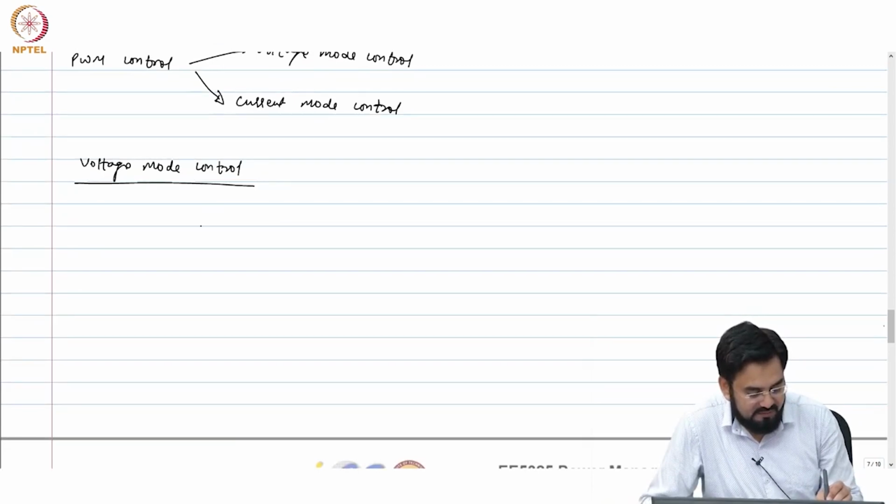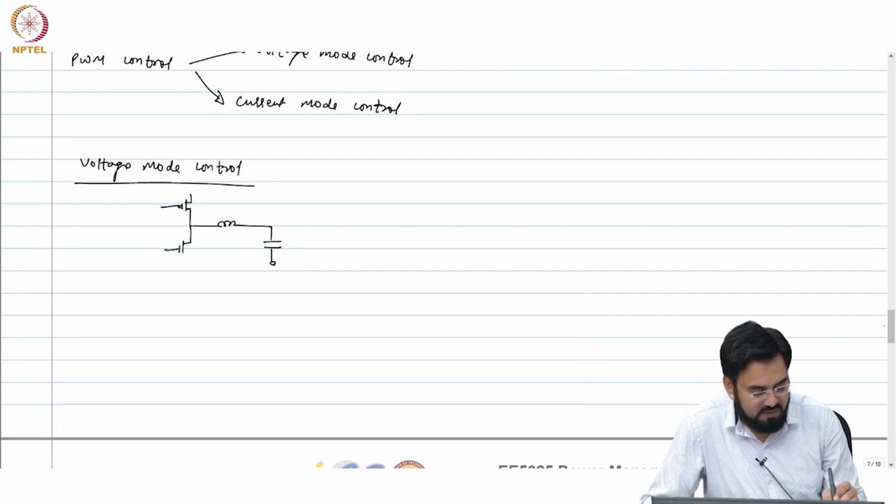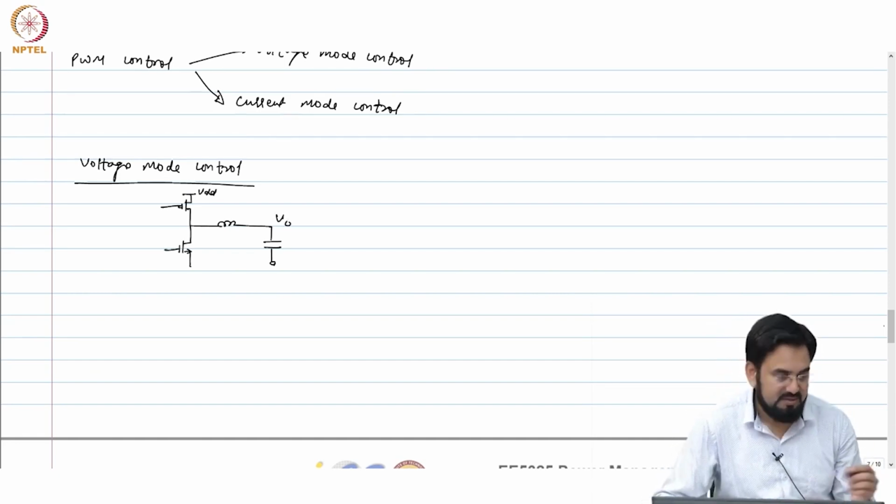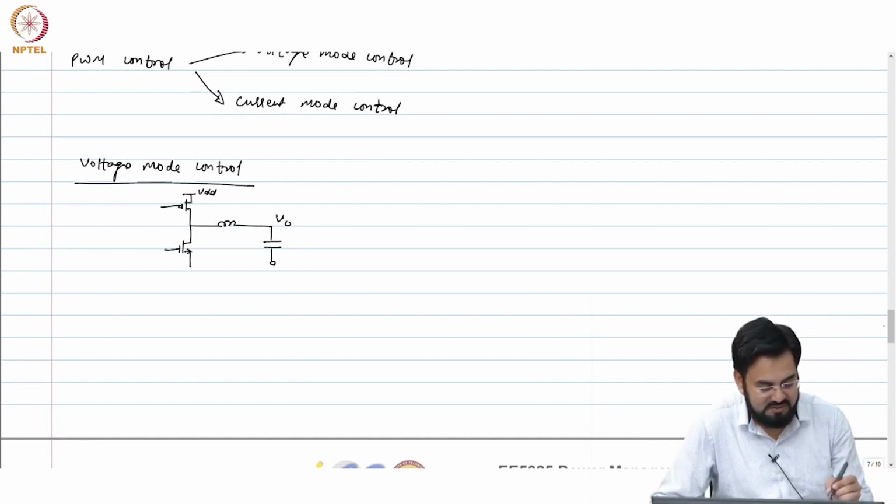So, what you have is your L, C, so usually that is how you implement your switches. You can use bipolar also, but since we use MOSFET technology, we just use MOS.